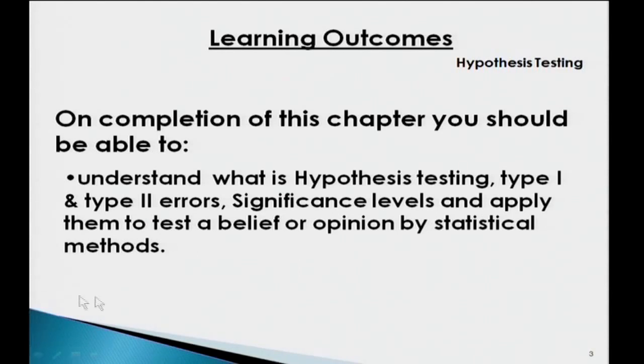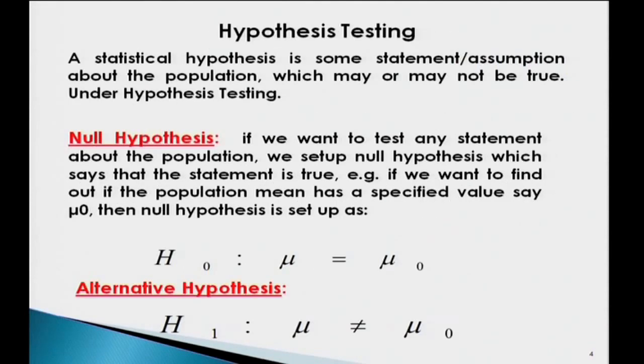That belief or opinion is written as an assumption, like the assumptions you may have had initially about this certificate course in fundamentals of management. Then as you go through it, you may have developed some more assumptions; certain assumptions of yours are accepted, certain are rejected. This complete process, when we do it with statistical methods, is hypothesis testing.